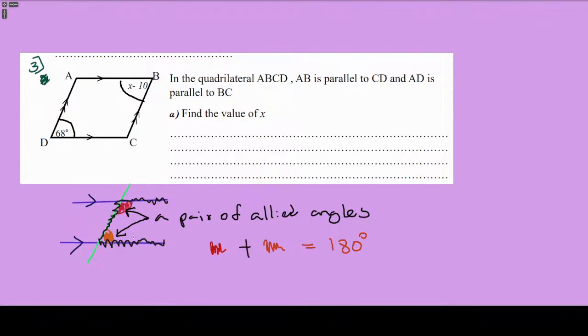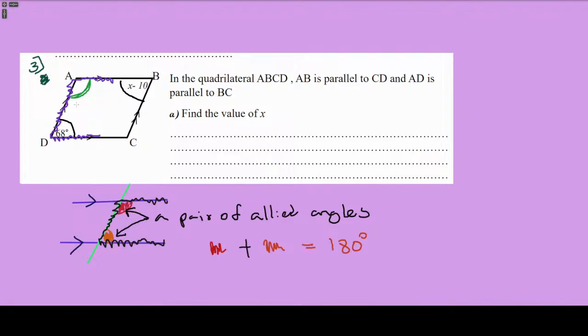So we can use this rule to find out this green angle's value. Why? We see the up and down lines are parallel and we see a C-shaped pair of angles. So this 68 and this green angle is a pair of allied angles.